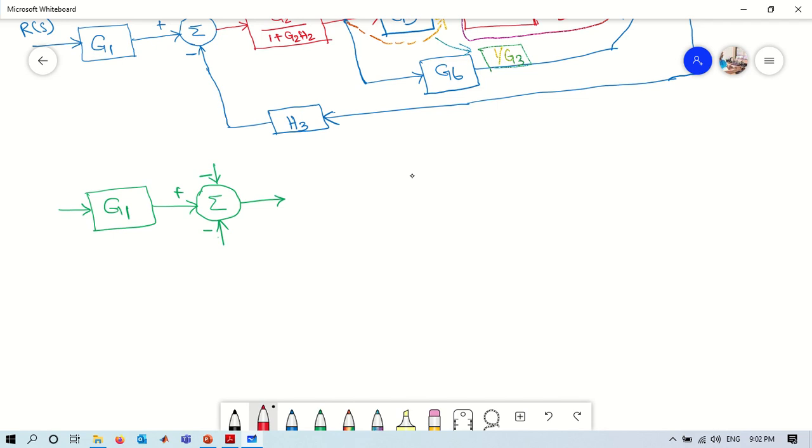So here I'm going to have a modified block by combining the two blocks G2 and G3.